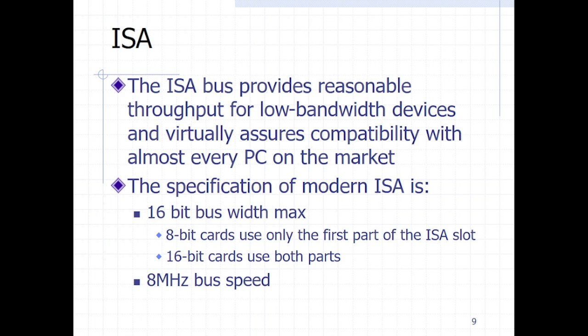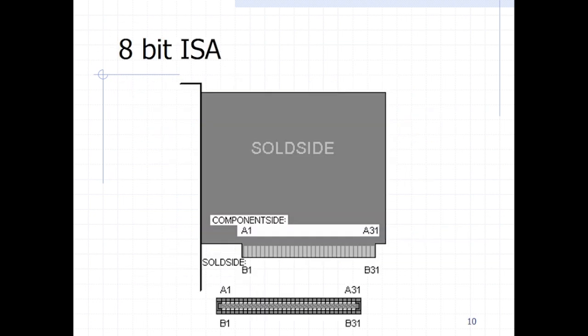It could only support 16-bit bus width. We also had the 8-bit bus width. So this one could not really give more. It couldn't support the many devices that are being used nowadays within the computer, so it had to be phased off.